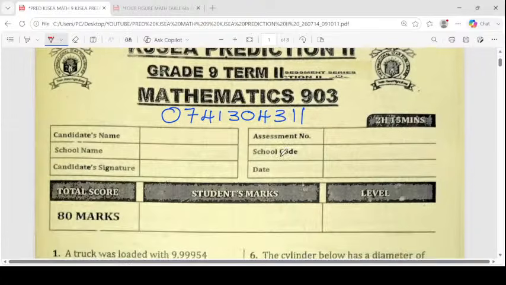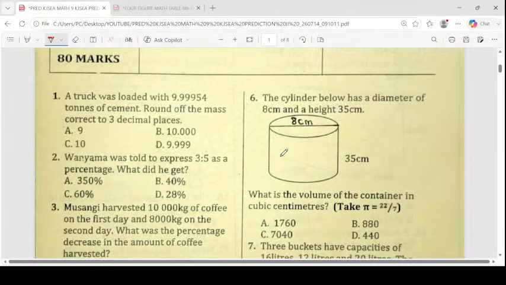Let me go to question number 1 of this question paper. It reads: a truck was loaded with 9.99954 tons of cement.